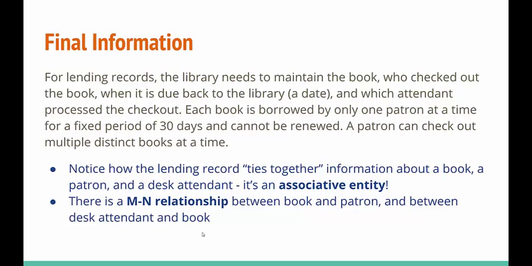One book can be checked out by many patrons over time, and one patron can check out many books over time. There's also a many-to-many relationship between desk attendant and book. A desk attendant can process the checkout of many books, and a book can be processed for checkout by many desk attendants, again over time. So let's take this information and put it into our ER diagram.